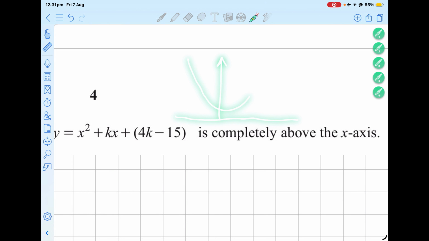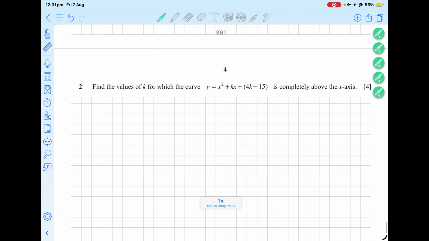Instead of a single value of k like 6, 7, 8, 9, they're asking for a range: what range of values can k take for the curve to be completely above the x-axis.